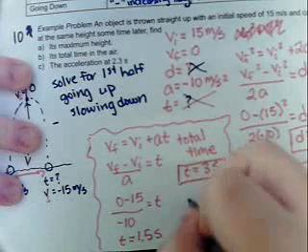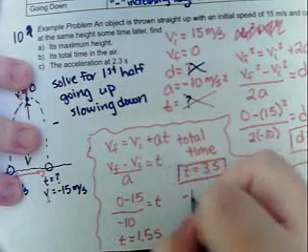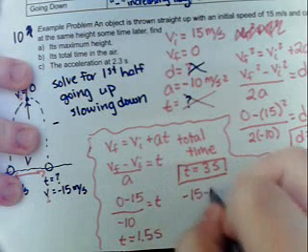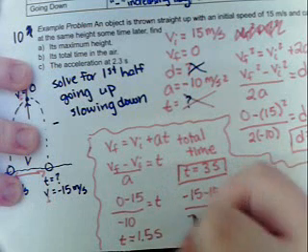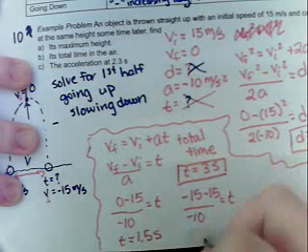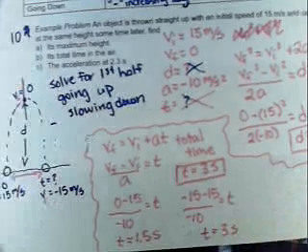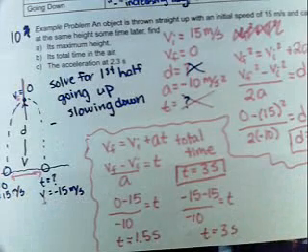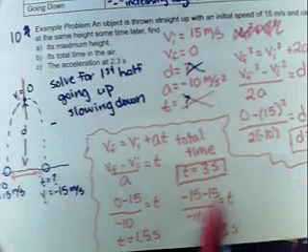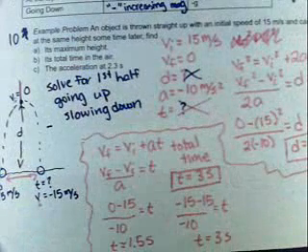And using that equation, negative 15 minus 15 divided by negative 10 equals T, and we would get T equals 3 seconds. Either way is fine. This just kind of proves, again, that it's symmetrical. It's always going to be true.